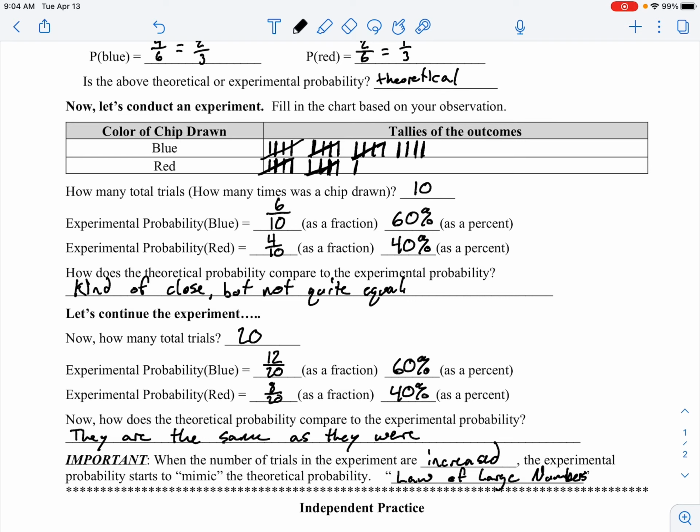All right, so now we're going to compare these again to see if we get what the law of large numbers says. So I did 30 trials this time. And I got 5, 10, 15, 19 out of 30. Which, if I turn that into a percent, let me get my calculator out real quick.